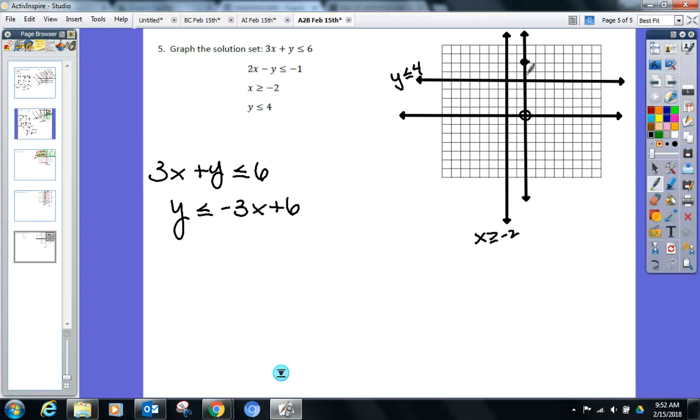Watch. I could go down 1, 2, 3 over to the right 1, or I could go up 3 and left 1. Okay? So 1, 2, 3 over 1. Graph that solid line in.